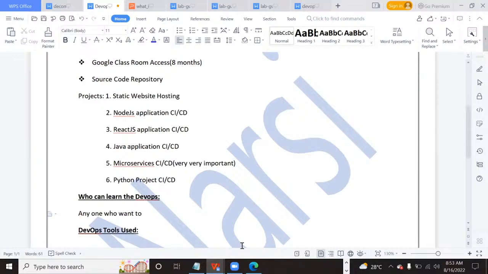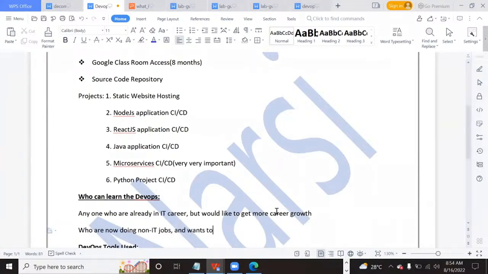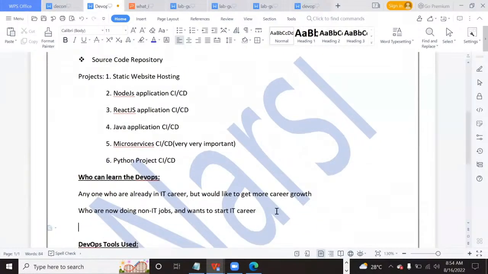Anyone who is already in an IT career but would like to get more opportunities and more career growth can learn DevOps. Also those who are now doing non-IT jobs and want to start an IT career can take this course.